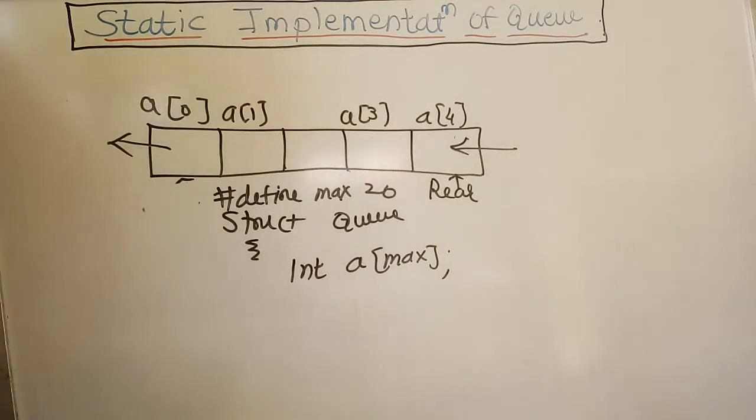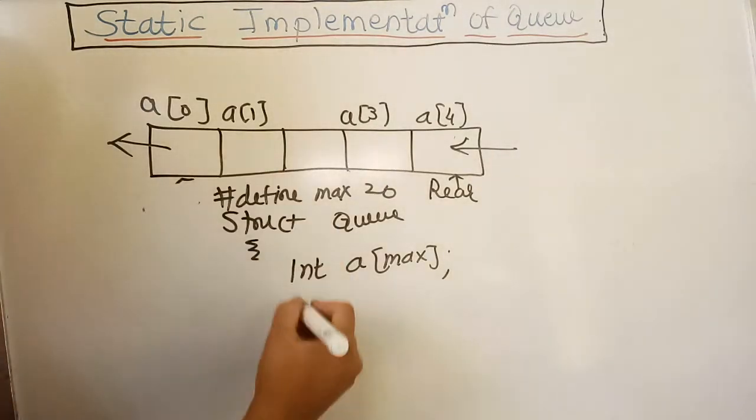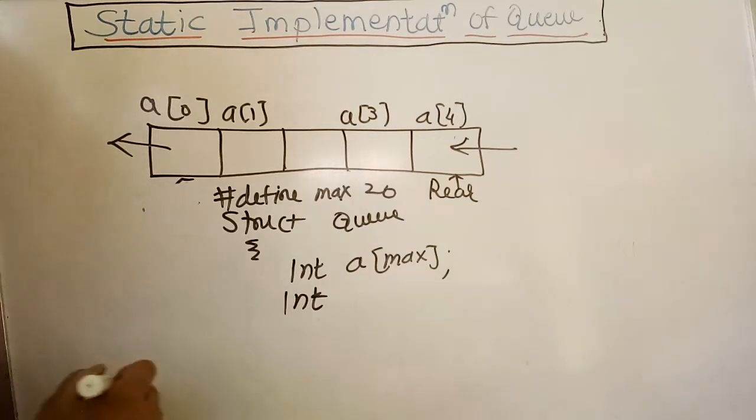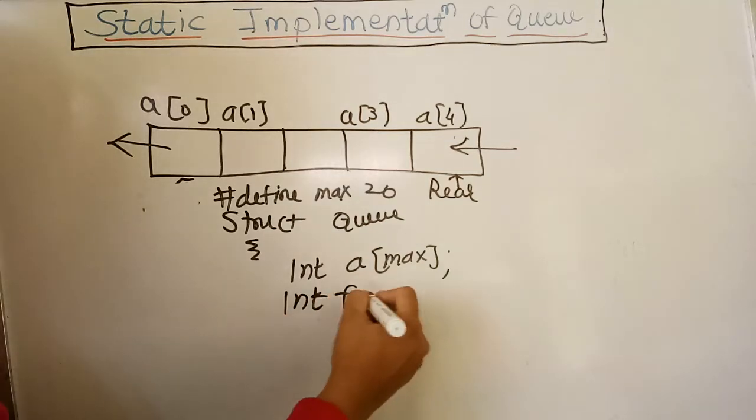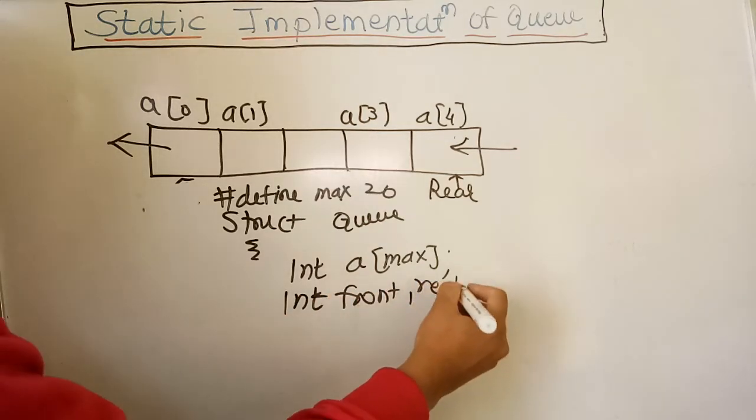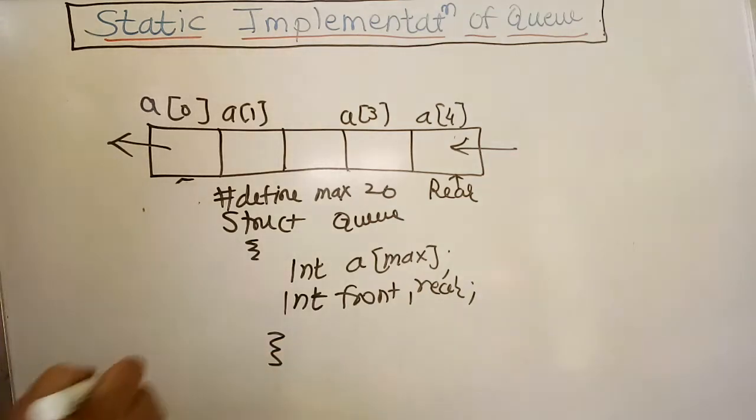So we have to take two integer type variables, that is the front and rear. So this is totally the static implementation of the queue.